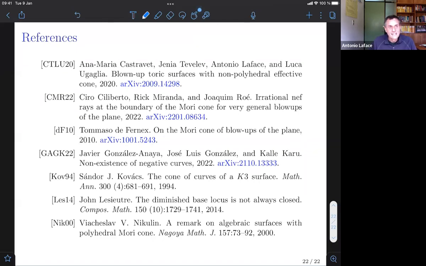So I would say that I have no idea what is going on there, and which type of examples they can produce. Also, another quite clear reason for which we wanted to stay in the Q-factorial case is that we were studying the blowing up of toric surfaces. So due to this, we had Q-factoriality. Yes.